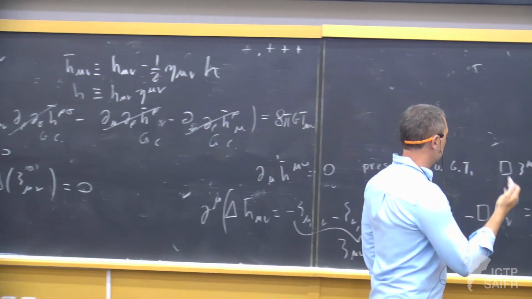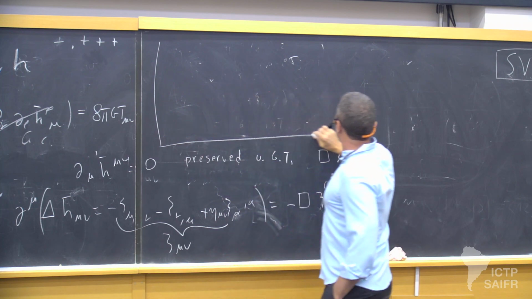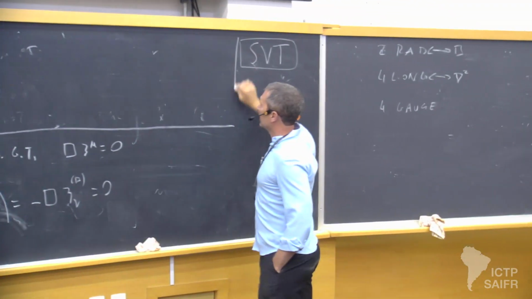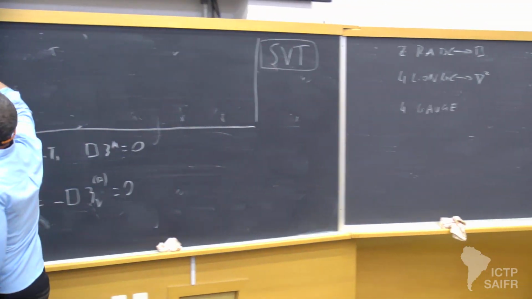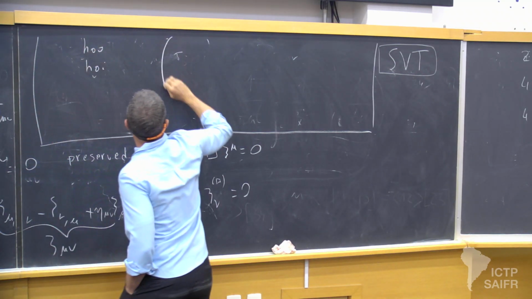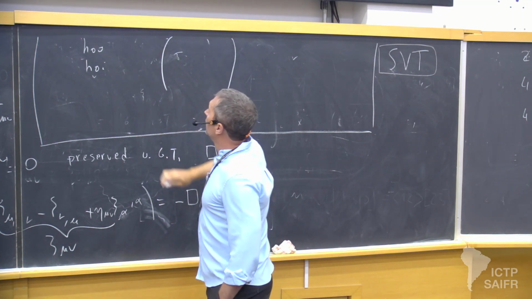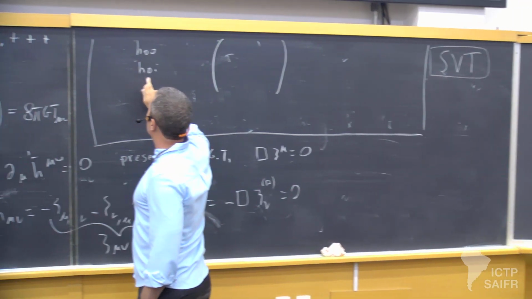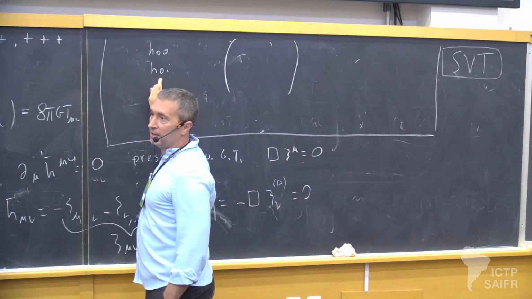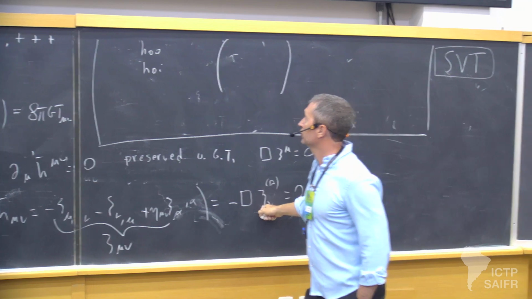If you want, like in Maggiore's book, which is a kind of reference for an introductory gravitational wave course, what do you get? You have your H00, H0I, and then you have Hij. So what you do, you kill the 3 H0Is with the 3 of this condition.